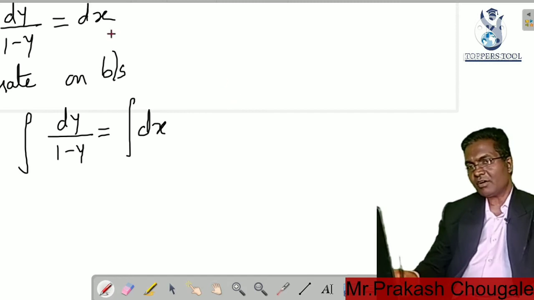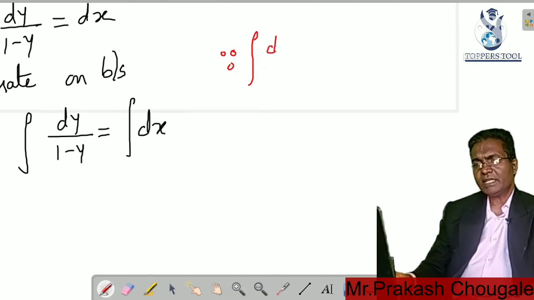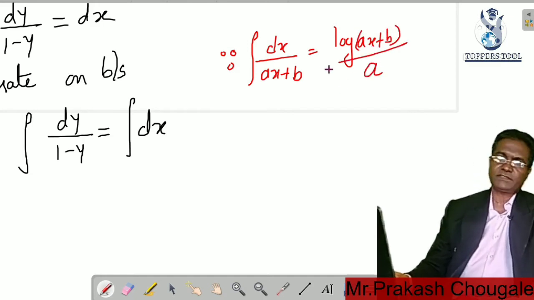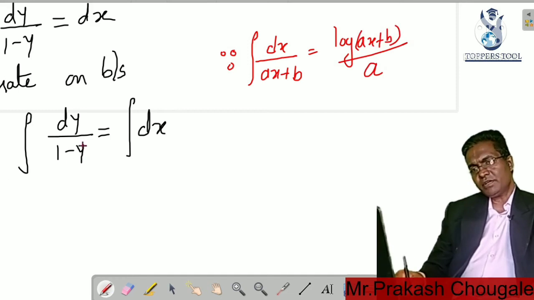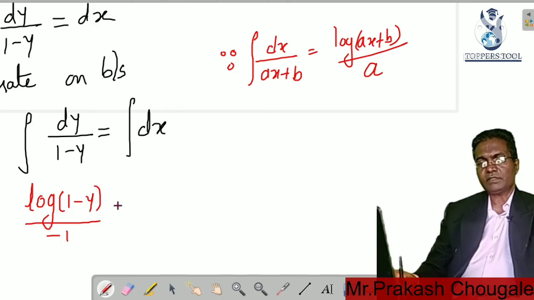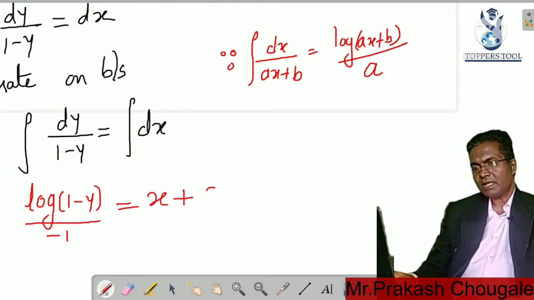Now remember this, whatever requirement I am telling you: integration of dx by ax plus b is log of ax plus b divided by the coefficient of x. So here, this is with respect to y, so the coefficient of y is minus 1. I can write it as the integration of this is log of 1 minus y divided by the coefficient of the variable, which is minus 1, equals the integration of 1 with respect to x, which is x plus c.